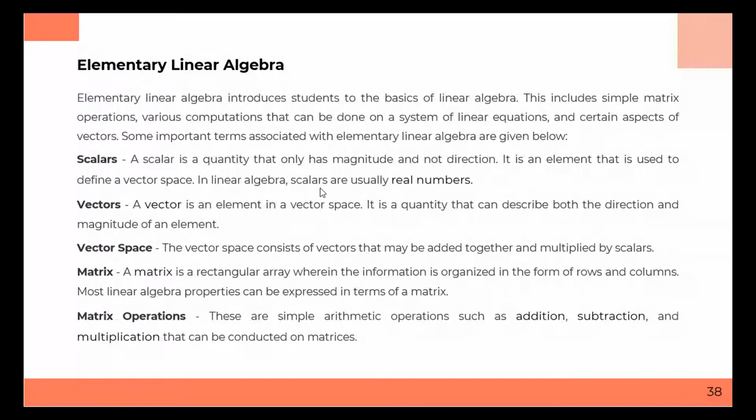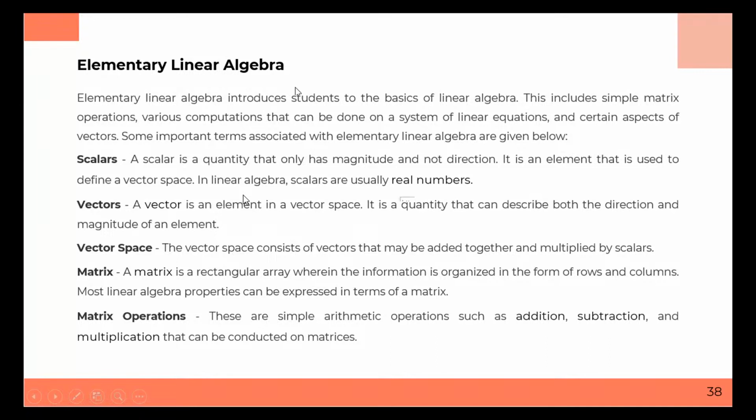We are making a statement here: in linear algebra, scalars are usually real numbers. In terms of real numbers, we also have a counterpart as imaginary numbers. Real parts, imaginary parts. We also have complex numbers, as I said. Remember? J values are there with a plus, as in basic Python we are studying.